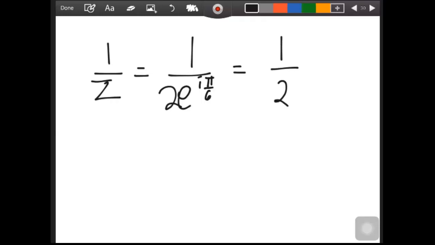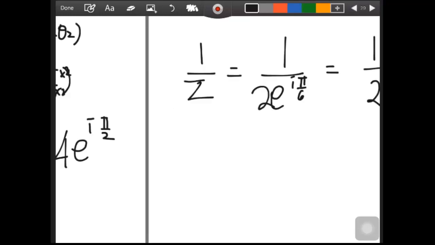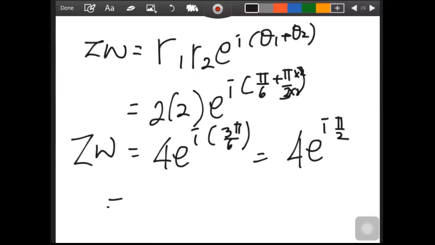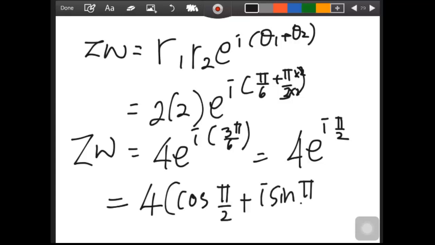So maksudnya bawa ni atas, so dia akan jadi negatif I pi over 6. Maksudnya theta dia sekarang adalah negatif pi over 6. Yang ini saya lupa nak tukarkan tadi. So yang ini kalau kita tukarkan dalam bentuk, R dia adalah 4, and then kita ada cos pi over 2 dengan I sin pi over 2. Okay, ataupun dengan 90. Okay, so ini ZW.